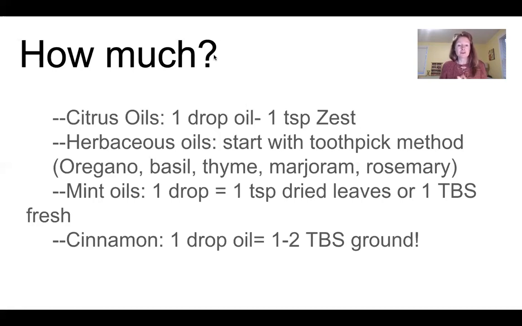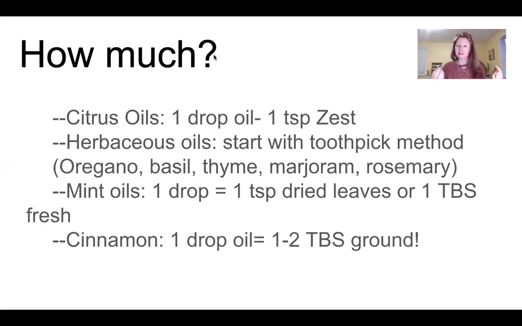For your herbaceous oils, things like oregano, basil, thyme, marjoram, rosemary, those very herby kinds of oils, you want to go really, really slow. What we recommend is that you take a toothpick and stick it into the opening in the orifice. You just dip the toothpick in, and then stir that toothpick into whatever you're making.